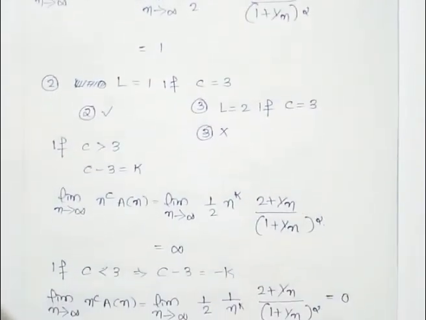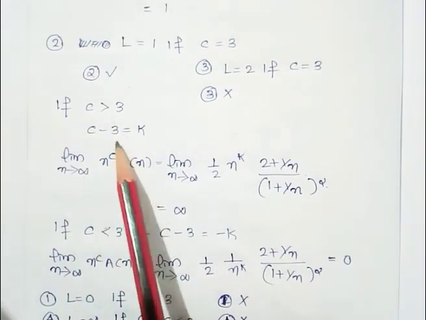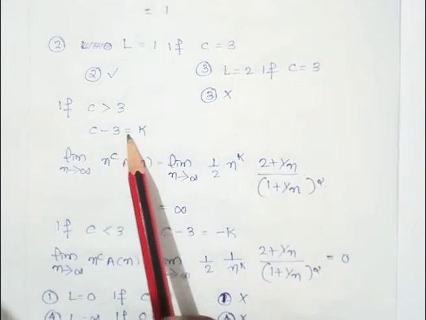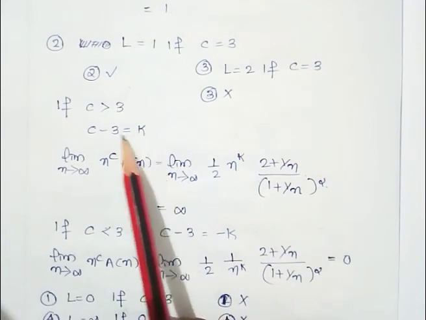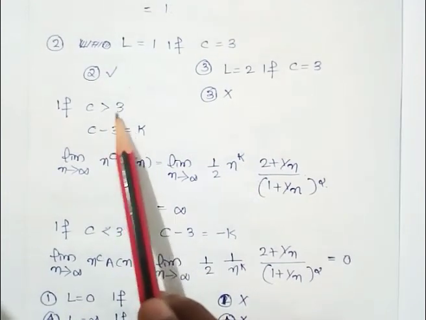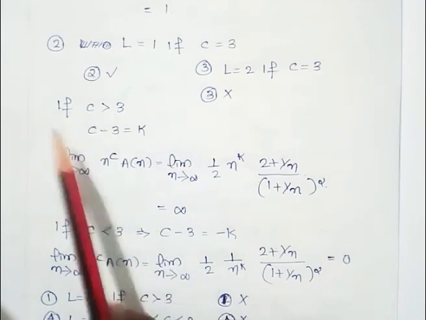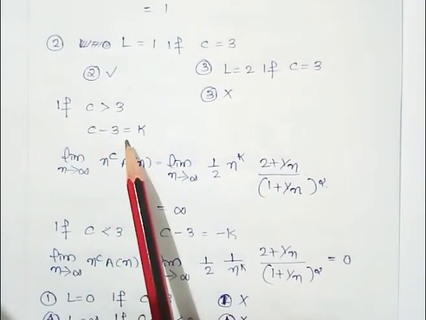Now suppose C is greater than 3. C greater than 3 means C minus 3 is some positive quantity. So I take C minus 3 is equal to K, because C is greater than 3, so C minus 3 is a positive term.